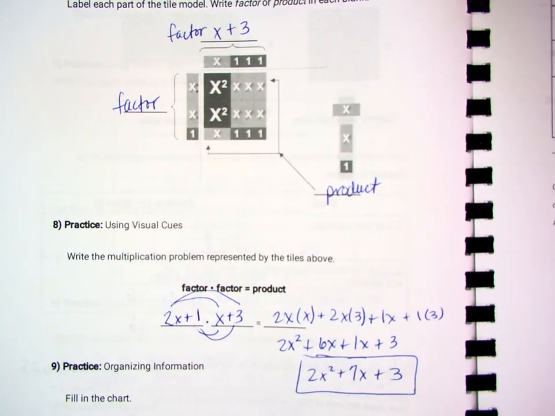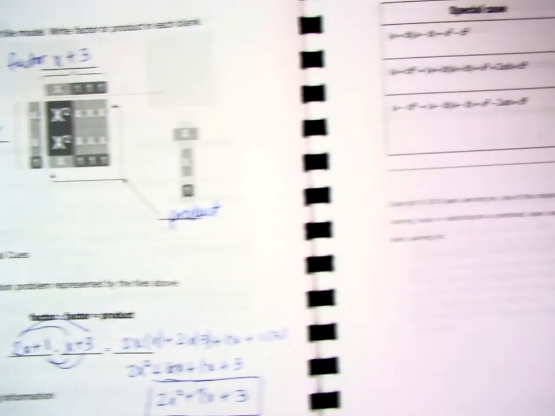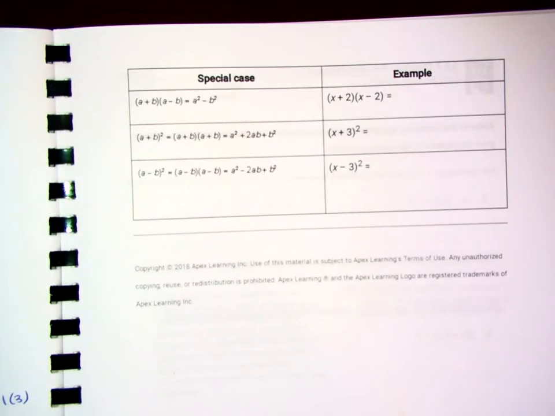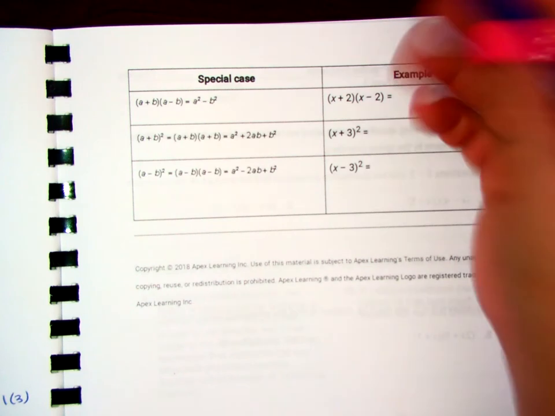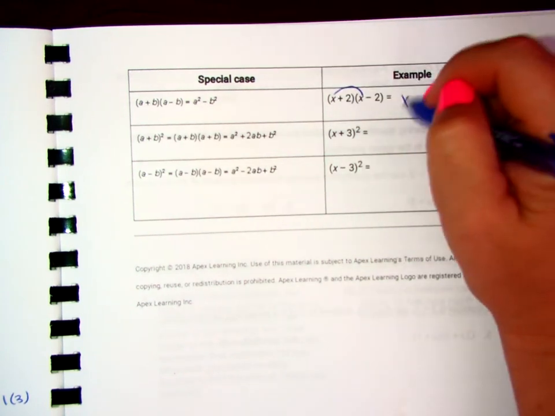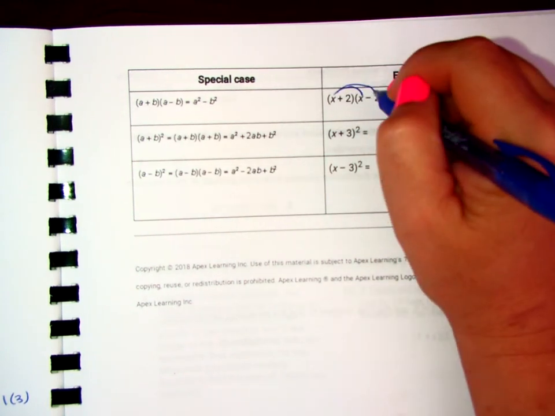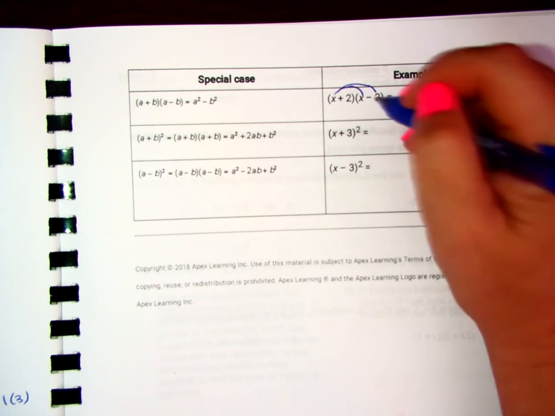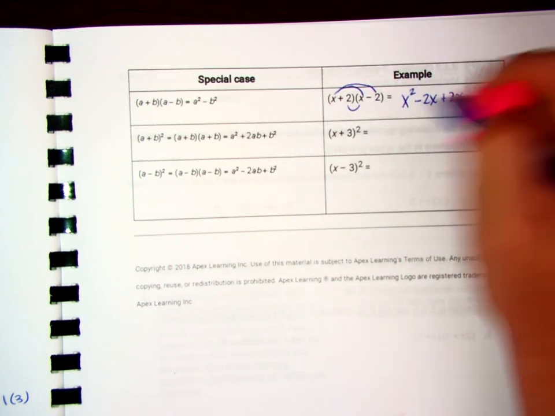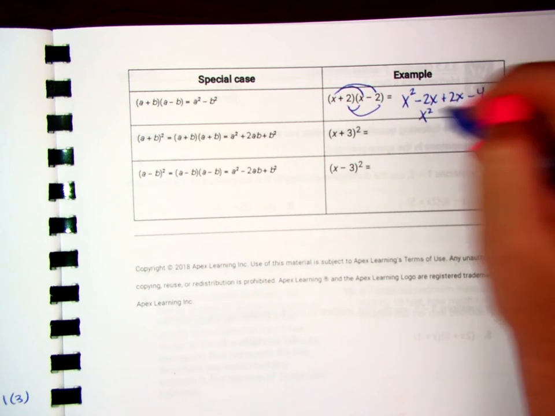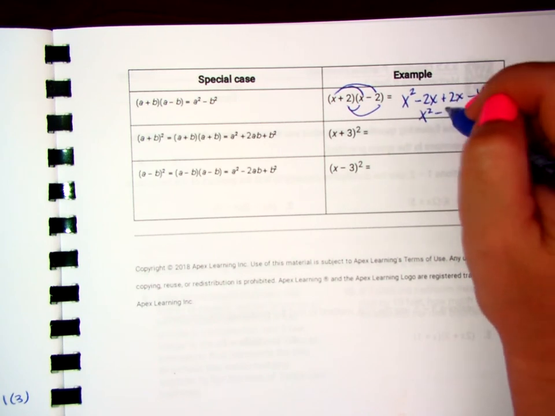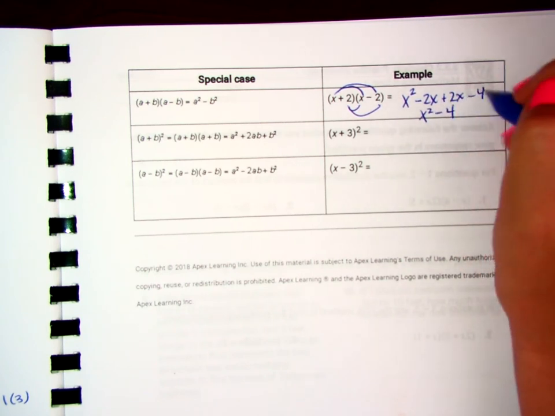All done. All right, let's look at this last fill in the chart. Here it's wanting you to do FOIL on these special cases. So I go first times first, or x squared. Outer times outer, or negative 2 times x. Inner, inner, last. Combining those middle terms, do you notice that the negative 2x and the 2x zero out?